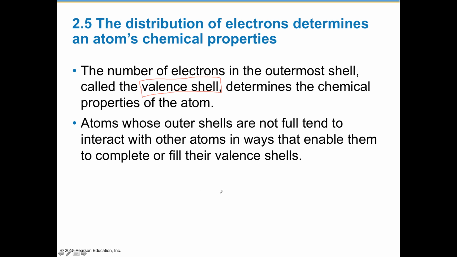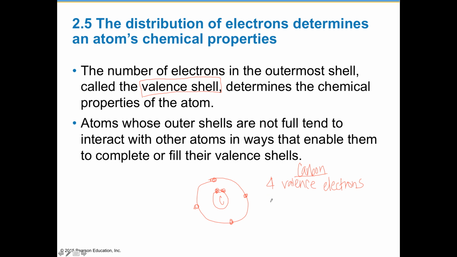So when we had that carbon earlier, we had 2 electrons, and then here's my second ring, and it had 1, 2, 3, 4. Carbon's got 4 electrons on the outer ring, so it's got 4 valence electrons. Carbon has 4 valence electrons.